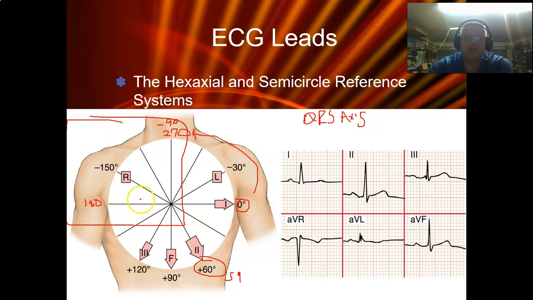Because that's the area we really need to be looking out for. Remember, if our SA node starts up here and it goes to the AV node and then it goes down into the heart muscle, it's going to be that 59. But what happens if the signal, and I'm going to hit my eraser button here, if I can find my eraser button. One thing I've learned is that, there we go, pen.